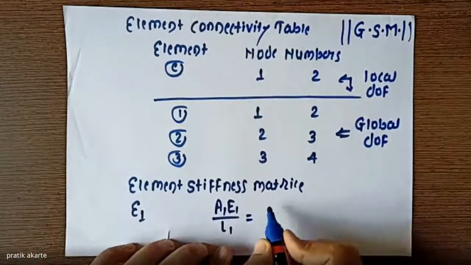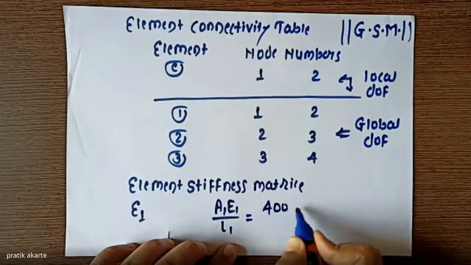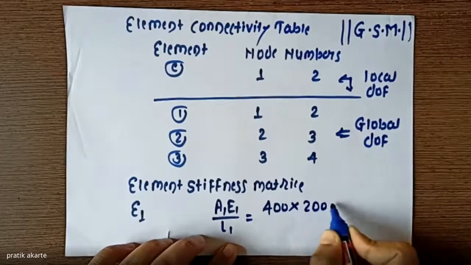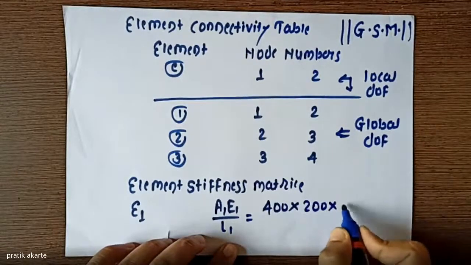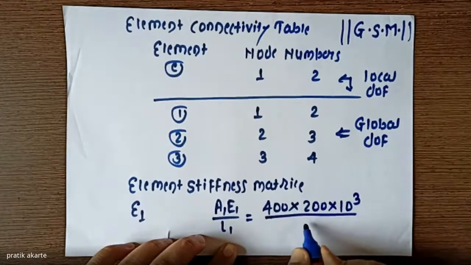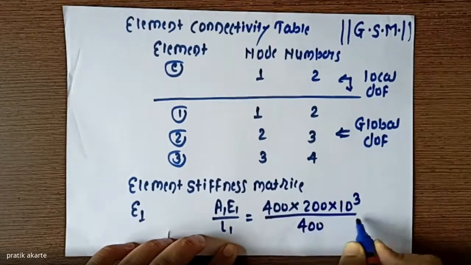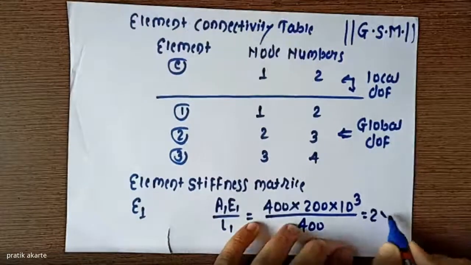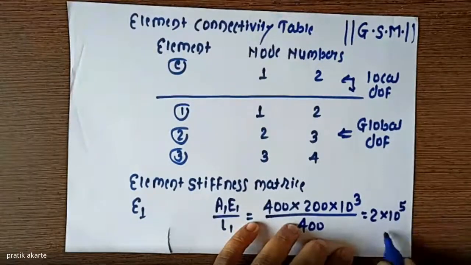I am writing a few things directly now. You are very much familiar with the concepts and the terminologies. Upon L is 400. It comes out to be 2 into 10 raised to power 5 Newton per millimeter.